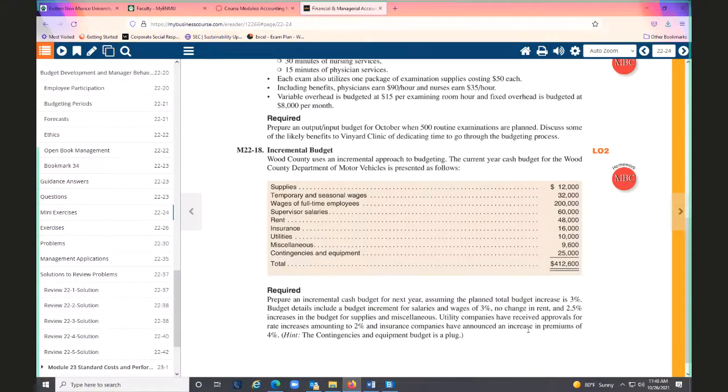In other words, they're just telling you how to prepare the budget. And here it says a budget increment is 3%, and then it says the planned total is 3%. So you're going to get the others first and back into the one that's missing.